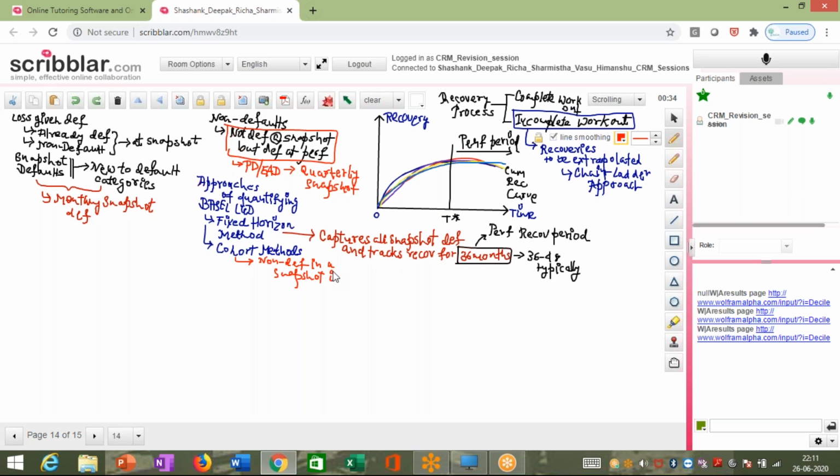Right? Then they are tracked over the performance of the next 12 months.